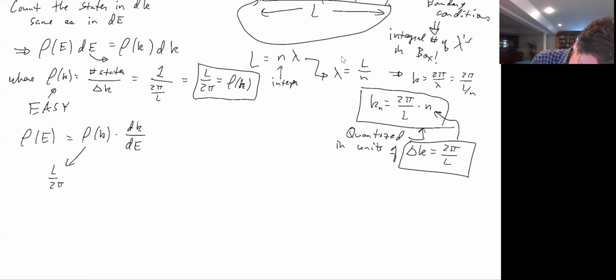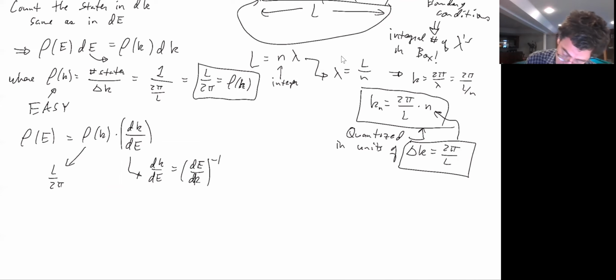And dk dE is easy too, because we know that dk dE is equal to dE dk inverse. And we know that because E is equal to h bar squared k squared over 2m, just kinetic energy. And so then we know dE dk is just the derivative of that, which is h bar squared k over m.